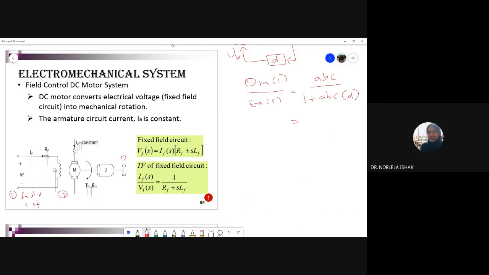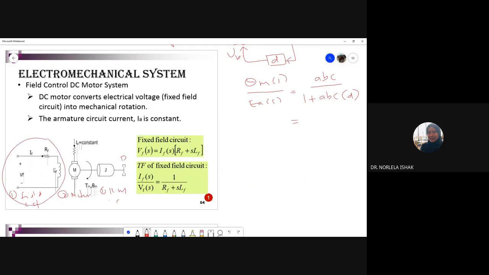Number two is the motor. Number three is the rotational mechanical system. Subsystem number one is the field circuit, so you have to derive this one.